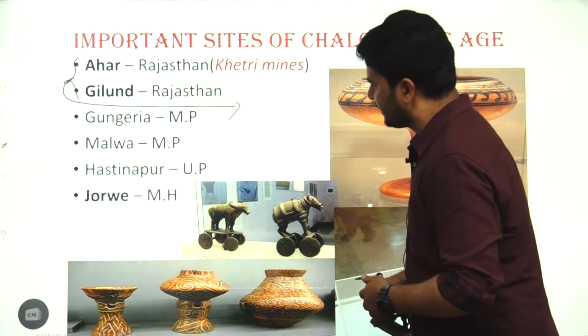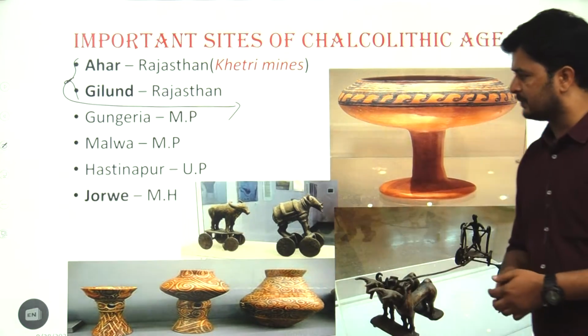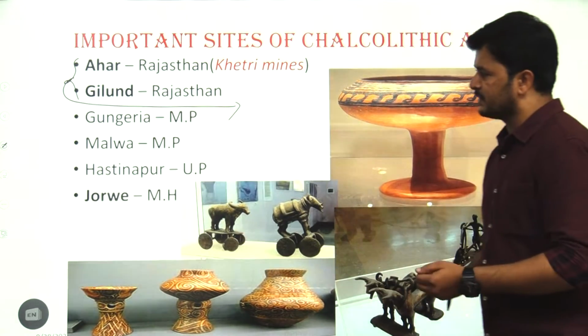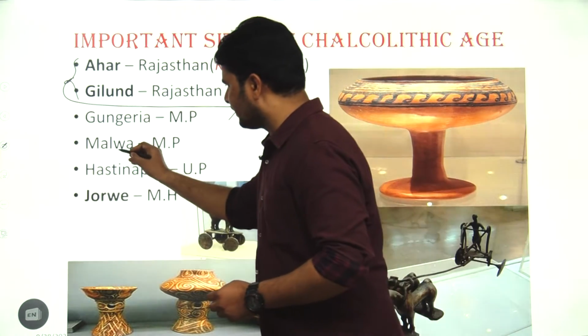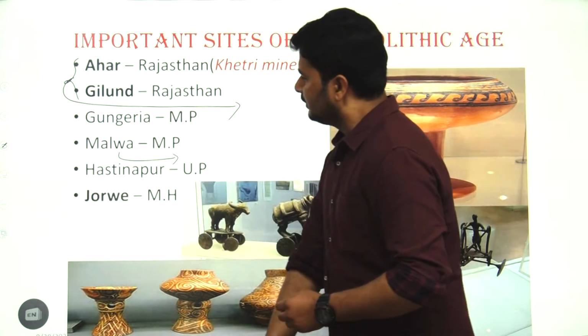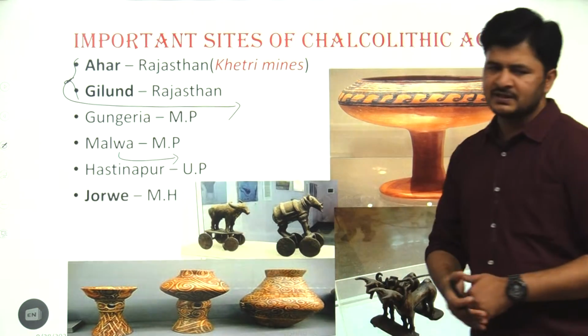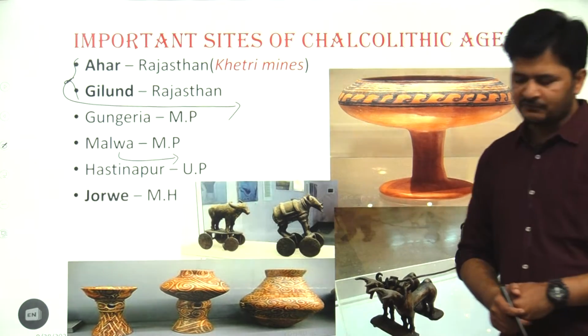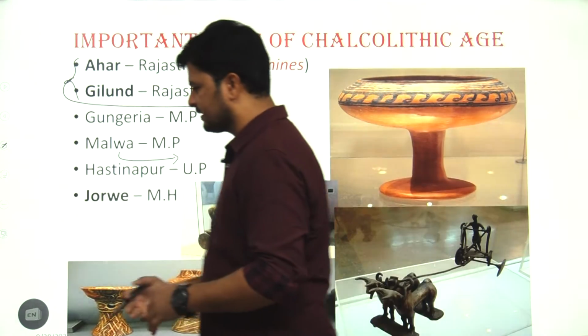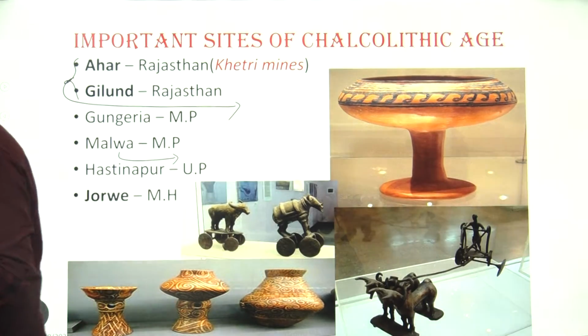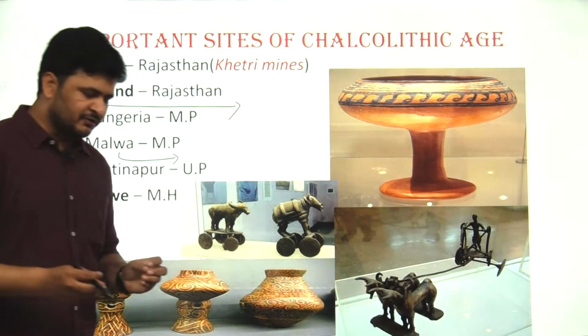So Gungaria, Madhya Pradesh, followed by Malwa, Madhya Pradesh. The significance of Malwa is that it was a fortified settlement or fortified site. So what does it mean by fortified settlement?